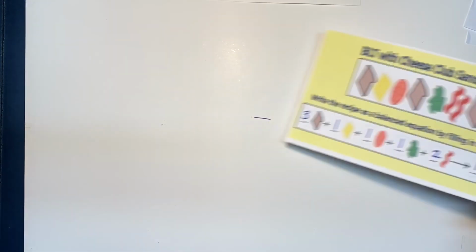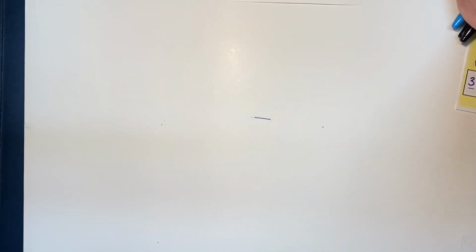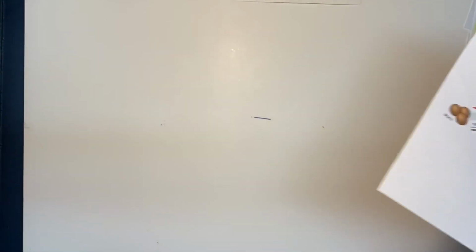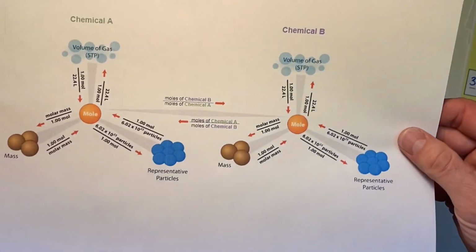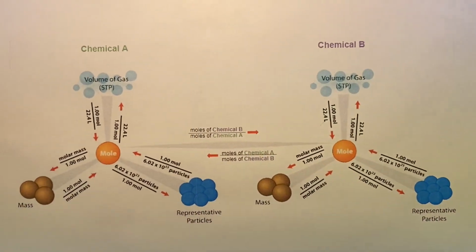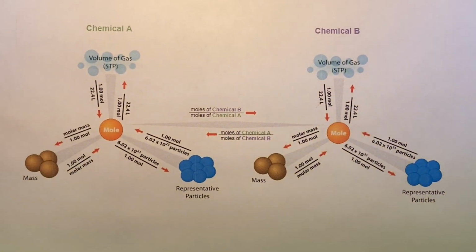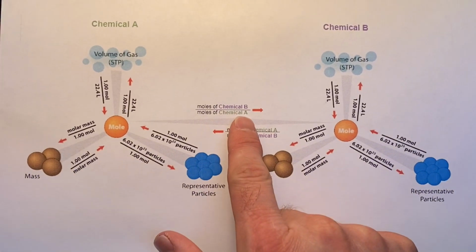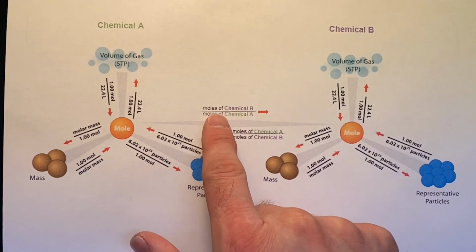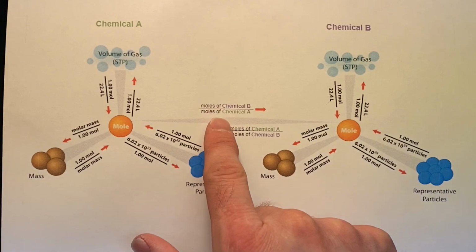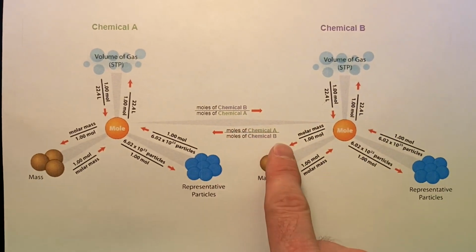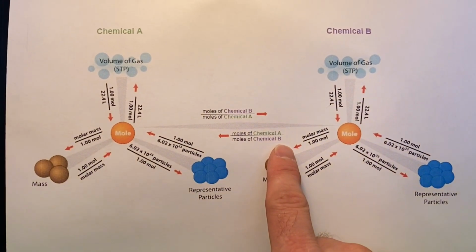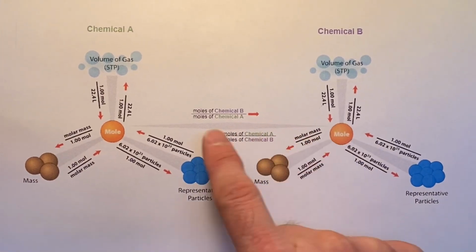If we look at the triangle together, both molar conversion triangles of science, we have this, where you see in the middle we use the mole-to-mole ratio. Moles of chemical B over moles of chemical A, or moles of chemical A over moles of chemical B, depending on which direction you're moving.